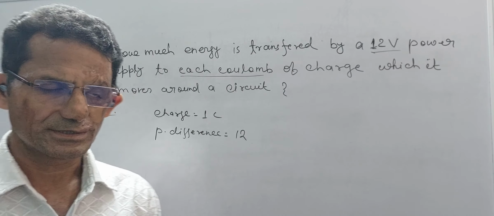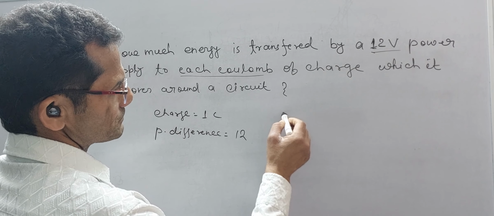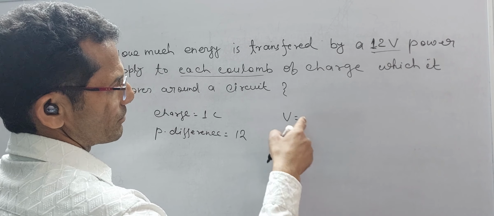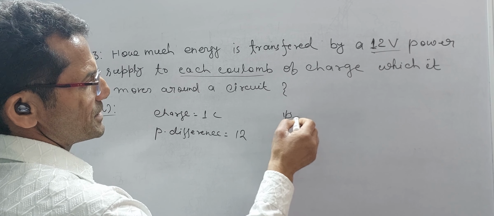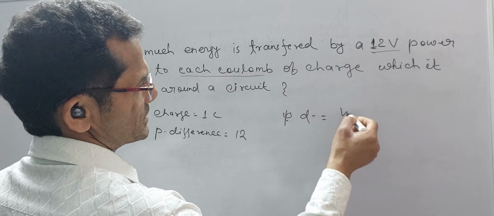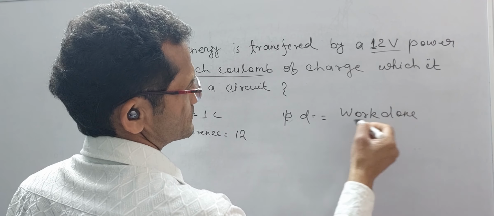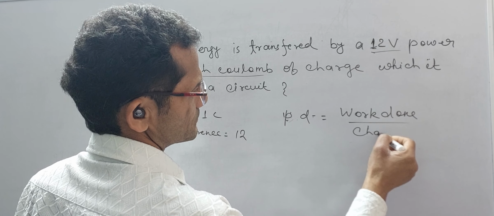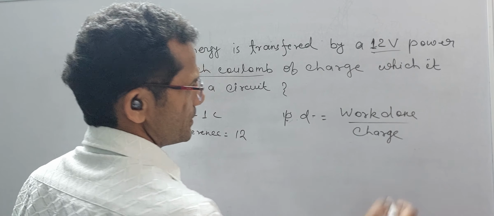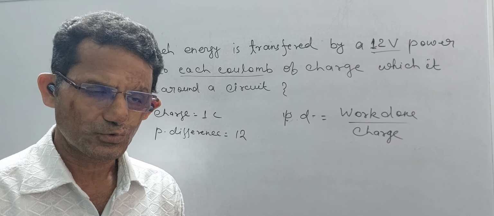We need the work done by the battery. We know that potential difference is equal to work done divided by the charge. Whatever the work done, that work done is stored as energy.